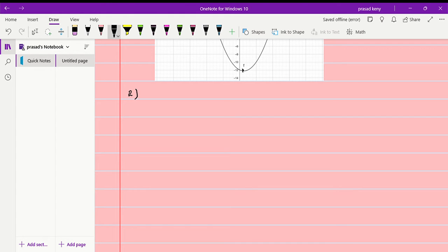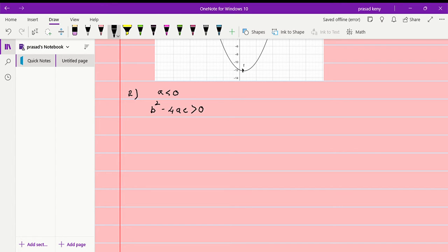If a is less than 0 and the discriminant b square minus 4ac is greater than 0.